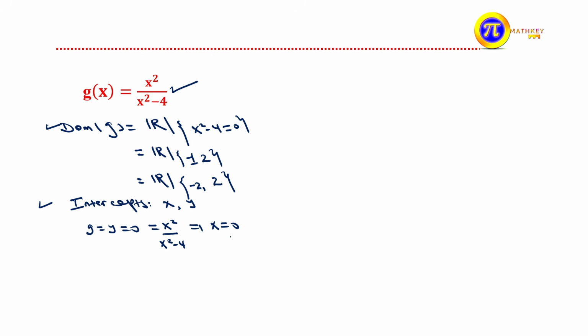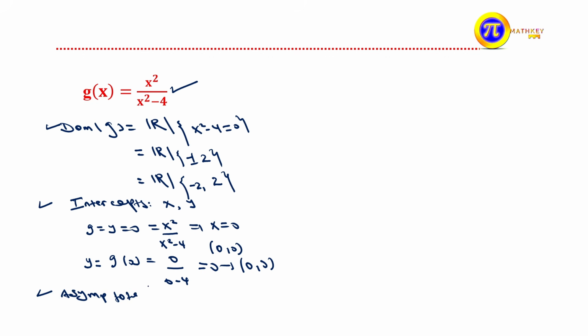In coordinate form, we write (0, 0) is the x-intercept. Similarly, y-intercept means y or g at 0. g at 0 is equal to 0 divided by 0 minus 4, which is equal to 0. Again, in coordinate form, (0, 0), they have the same one. The intercept is the origin.